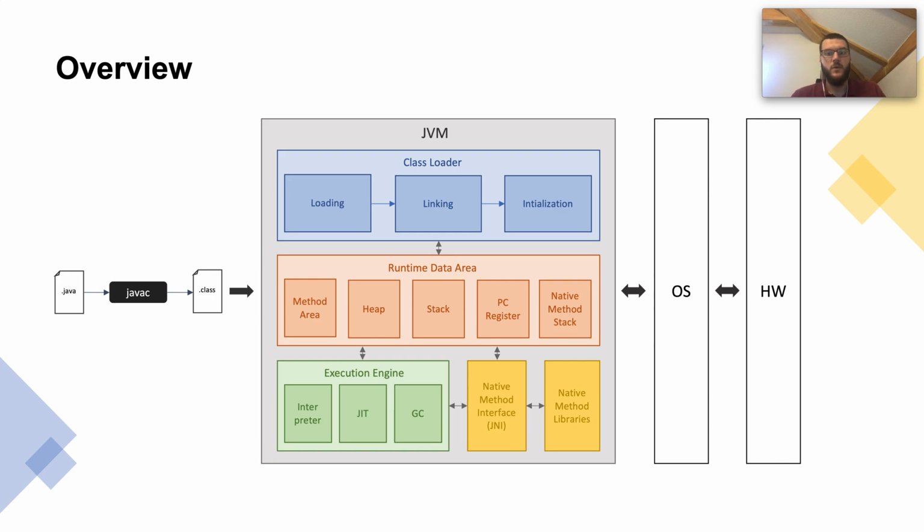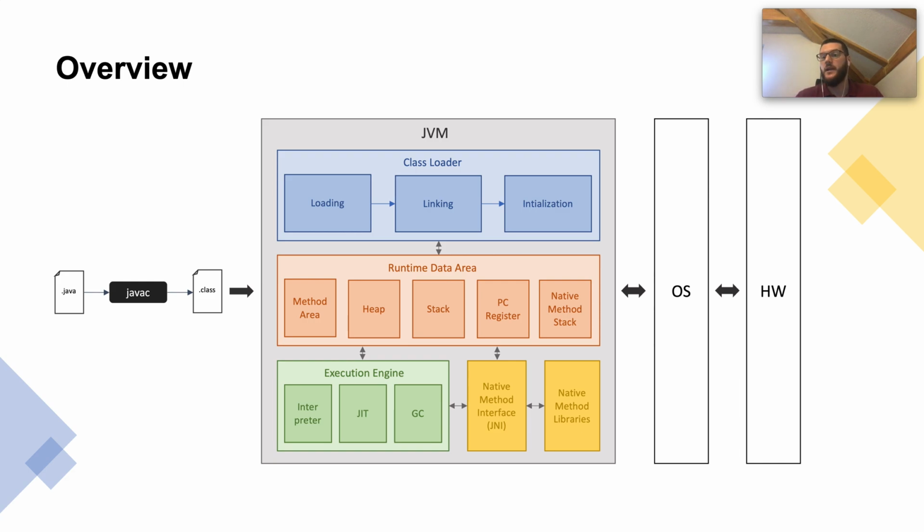When we run this .class file with the Java command, this will instantiate the JVM, which will then load this file. But before loading this file, it will first load the core Java libs, which we saw in the JRE /lib folder. Then it will load our .class file.